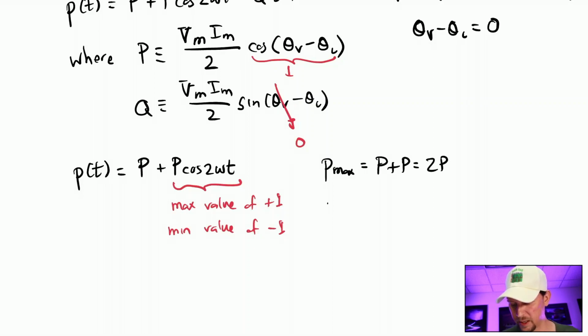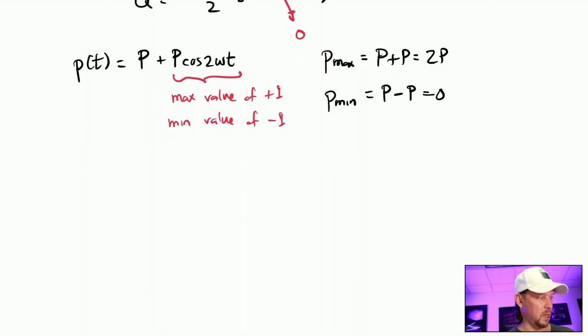That's the maximum value it can take on. And the minimum value, if the cosine of 2 omega t is -1, is P minus P, which equals 0. So the consequence of a purely resistive load is that the power itself is always a positive quantity, which is consistent with the idea that resistors can only dissipate power. They can never generate it. They can't store it. They can only dissipate it.